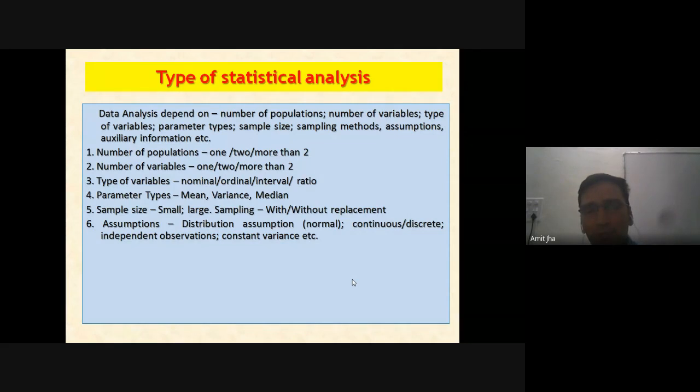Similarly, number of variables, type of variables, parameters, sample size, and of course assumptions. Types of variables may be different: nominal, ordinal, interval, ratio, and parameters: mean, variance, median. So these are the different factors on which data analysis depends.